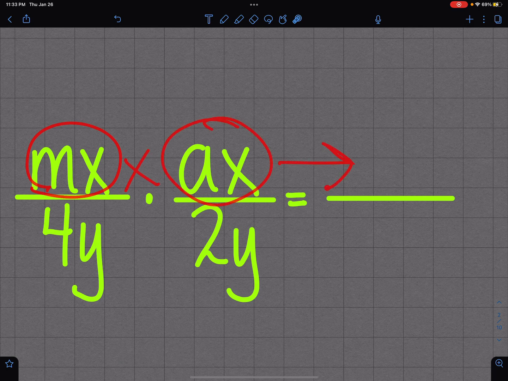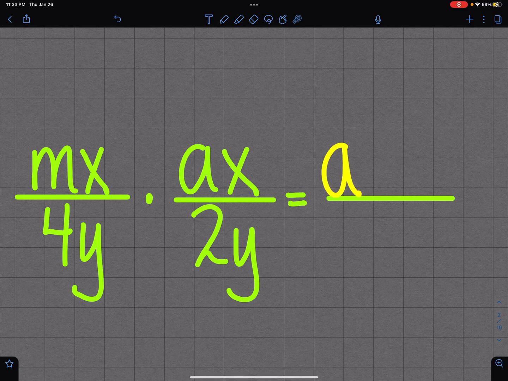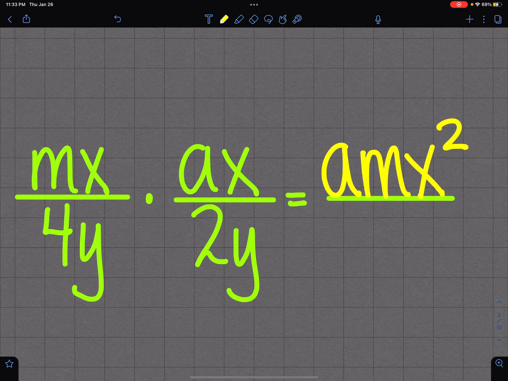If we multiplied mx times ax, we would get an a, an m, and x squared, because when you have x to the 1 times x to the 1, you just add the exponents. x times x is x squared. Makes sense?